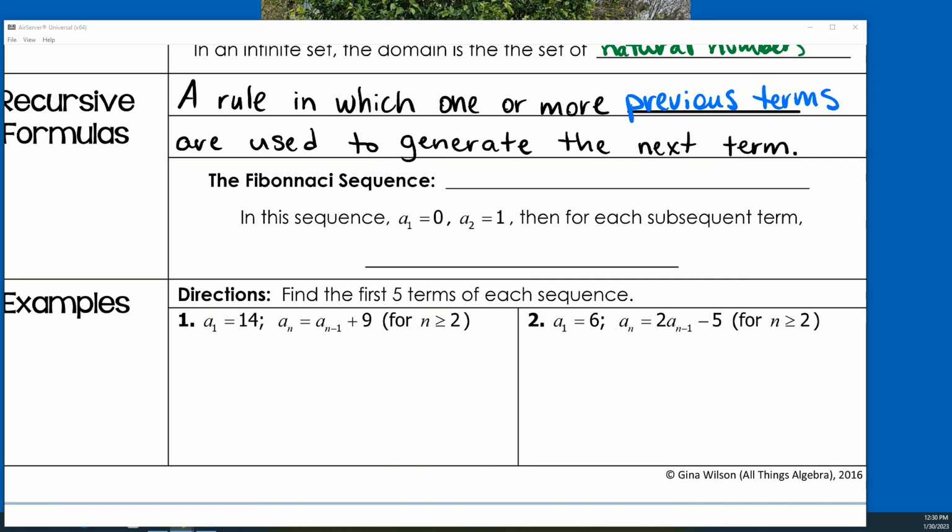The first term is 0, and the second term is 1. Then it's 1, 2, 3, 5, 8, 13, 21, 34, and it goes on and on.